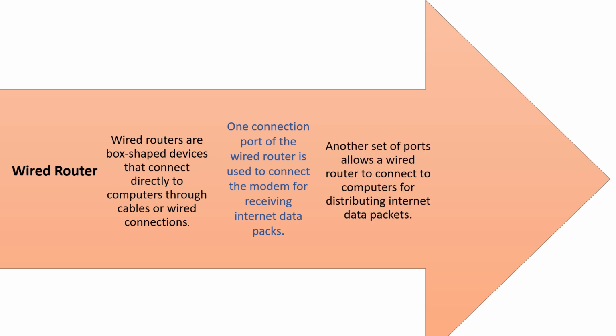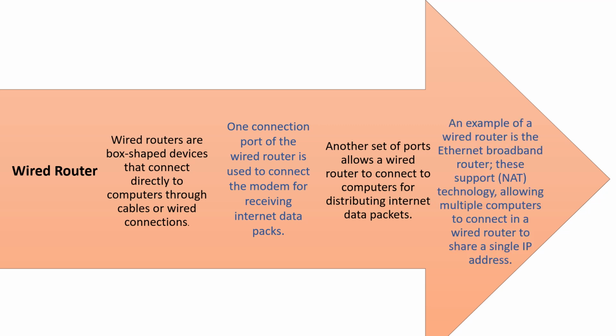And next, another set of ports allow a wired router to connect to the computers for distributing the internet data packets. An example of the wired router is the Ethernet broadband router. Here, these support network address translation technology, allowing multiple computers to connect in a wired router to share a single IP address.